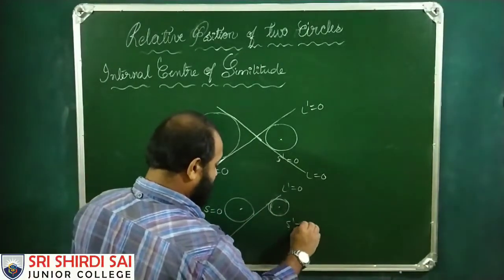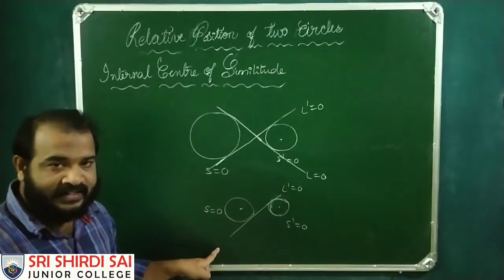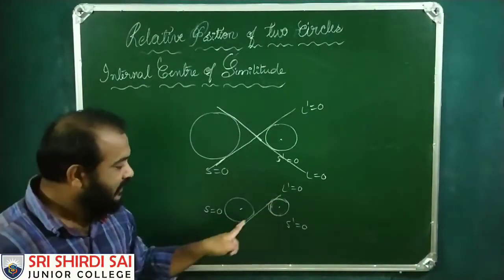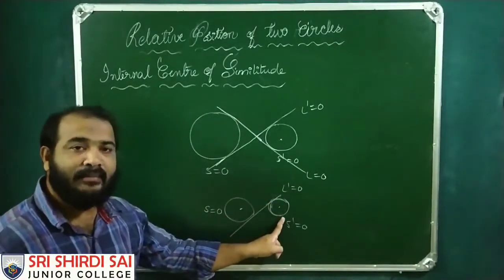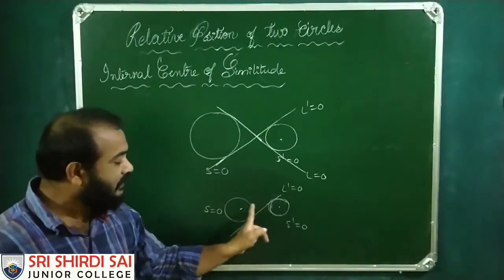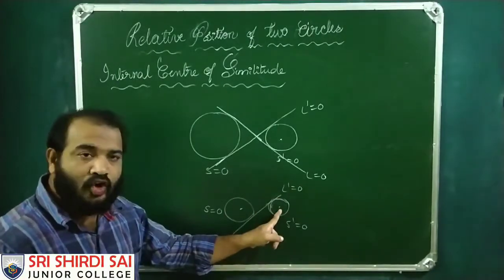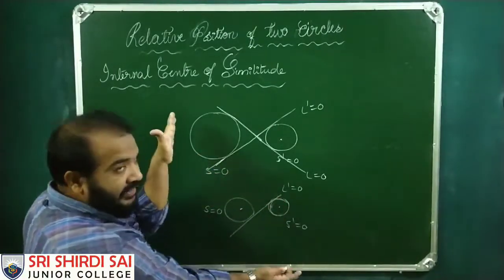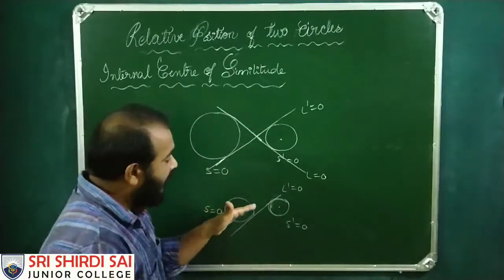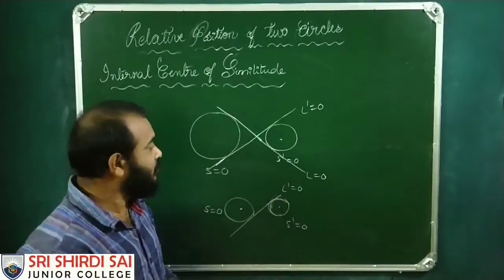This is S' equals 0. So this line is a common tangent first of all. Why? Because this line touches both the circles simultaneously. But these two circles are lying on either side of the line L' equals 0.